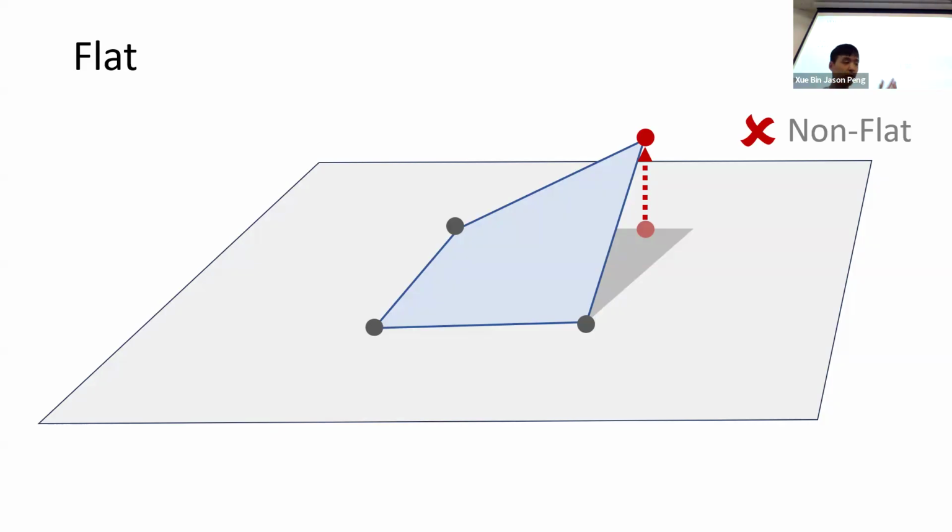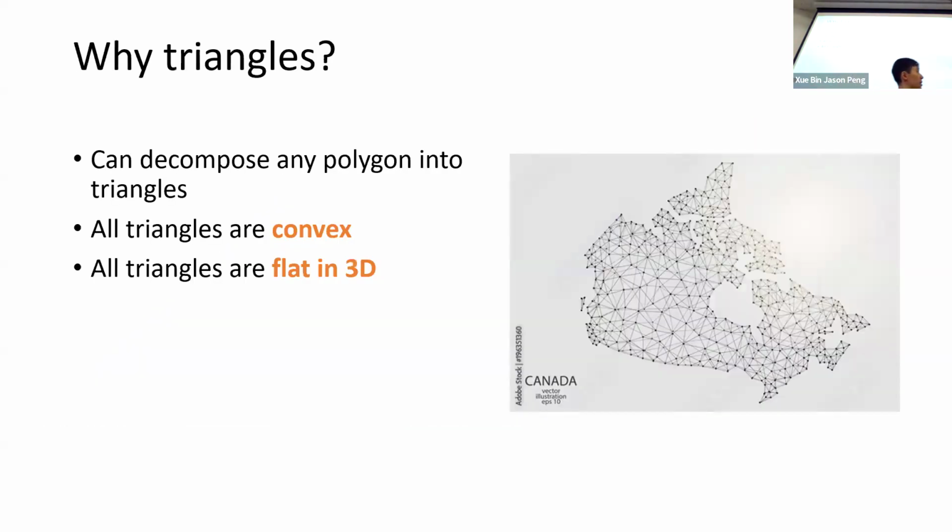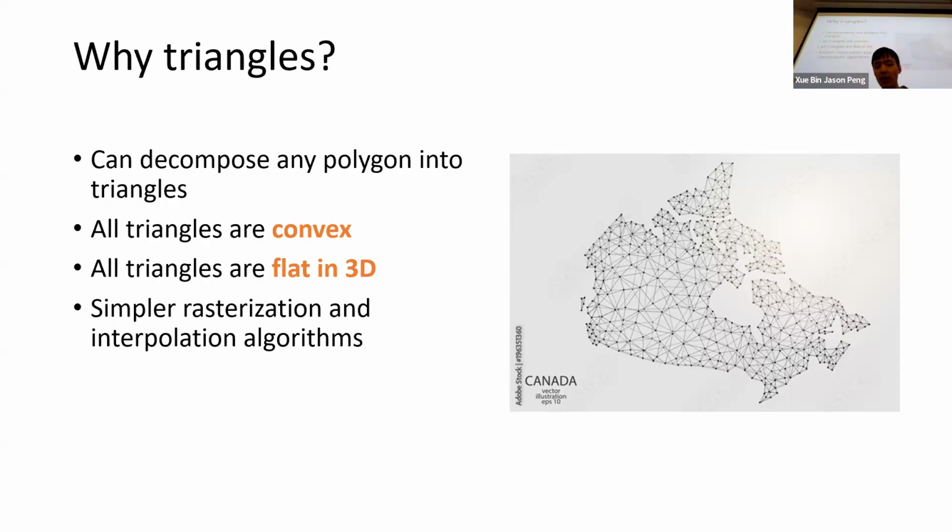Okay. So triangles also give us this nice guarantee that whatever triangle we produce is always guaranteed to be flat. And as alluded to in the previous question, one of the reasons why we care about these nice guarantees from triangles is that they make a lot of downstream applications for triangle meshes much simpler and much more efficient.